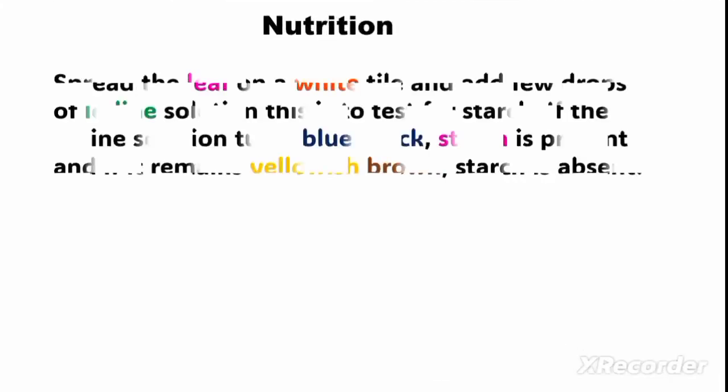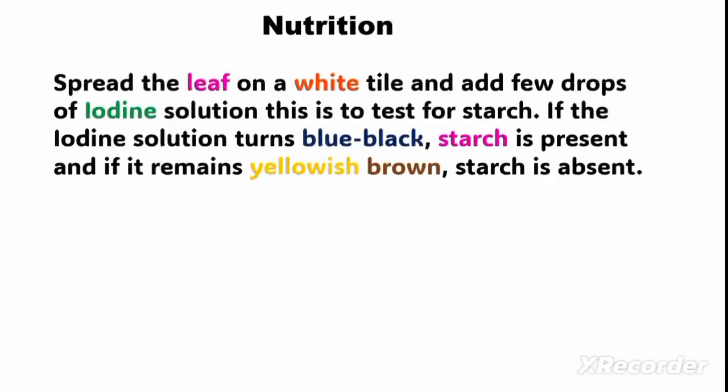Step number four: spread the leaf on a white towel and add drops of iodine solution. This is to test for starch. If the iodine solution stains blue-black, starch is present. If it remains yellowish brown, starch is absent. So we have seen two criteria.